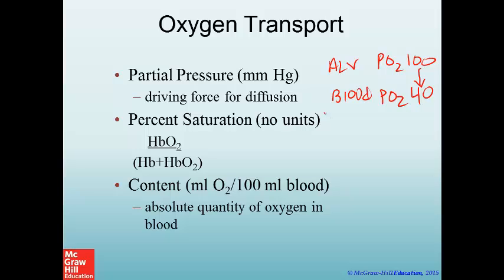Most of that oxygen is going to be picked up by hemoglobin, and we have what's called an O2 sat, or saturation. That basically says what percentage of hemoglobin exists as HbO2, binding oxygen.